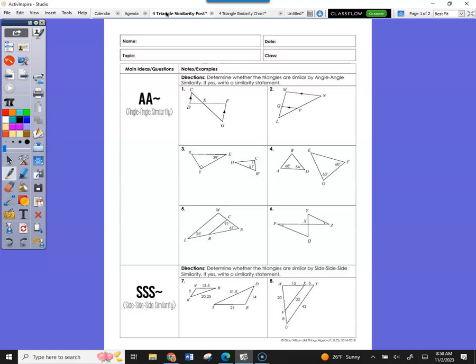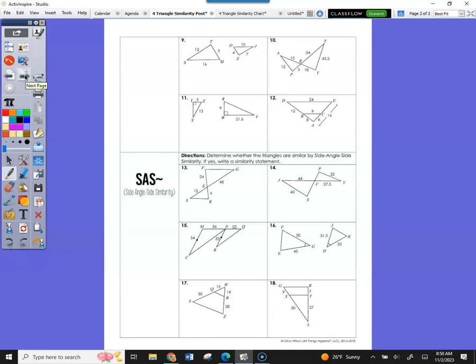Okay? So this entire section is saying check for what? Shortcut. You're just checking for angle angle. This whole section is saying to check for side, side, side. And then when you go to the back, this whole section is saying check for side, angle, side.